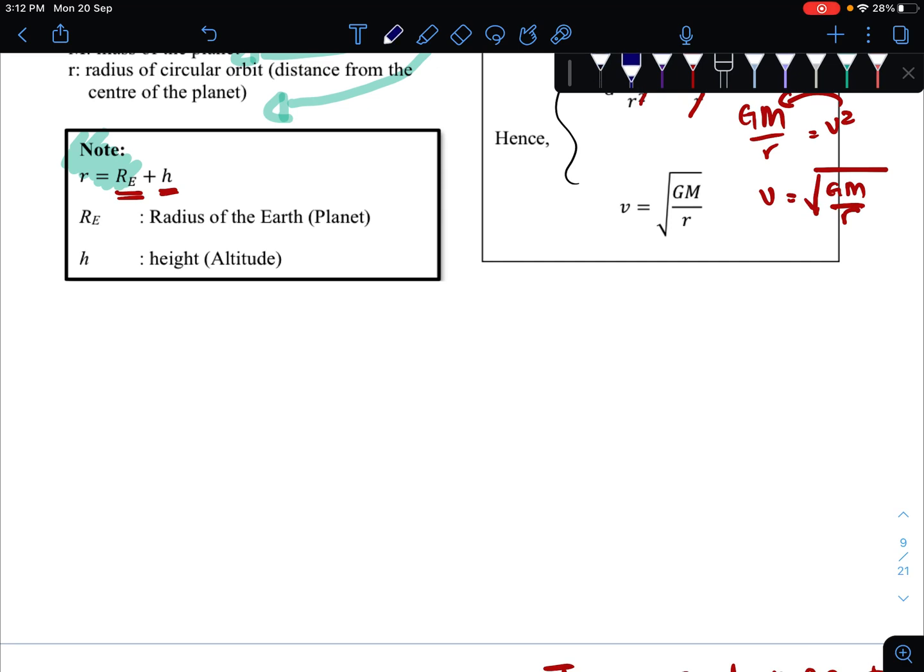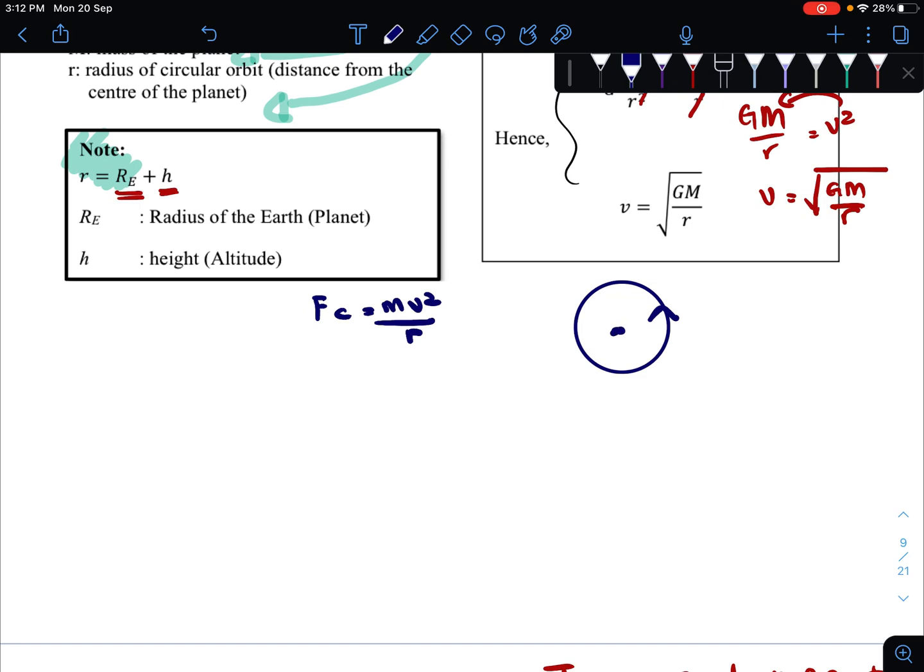Okay, so I give a tip here to find the velocity of a satellite. We start with centripetal force equals mv squared over r. As the satellite orbits around the Earth or planet in a circle, it will experience centripetal force. There must be a force that contributes to that centripetal force.